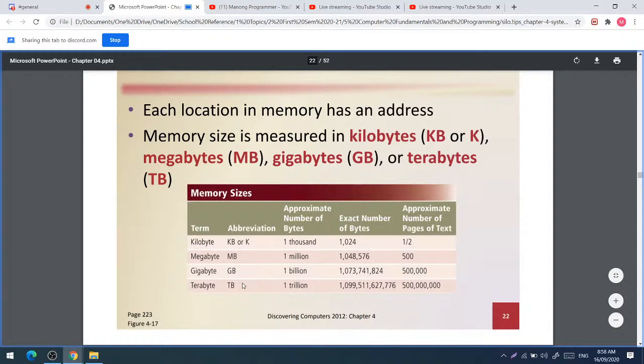Gigabyte or GB, that is 1 billion. Terabyte or TB, that is 1 trillion.